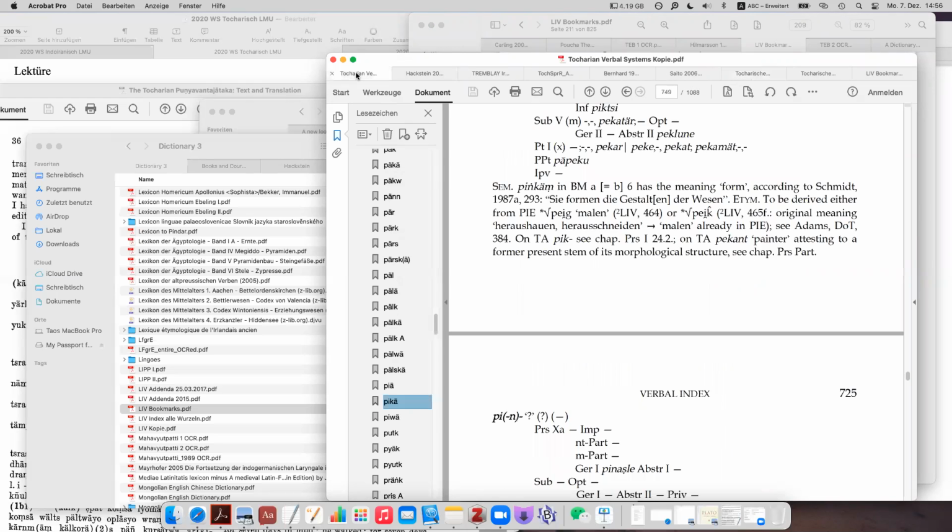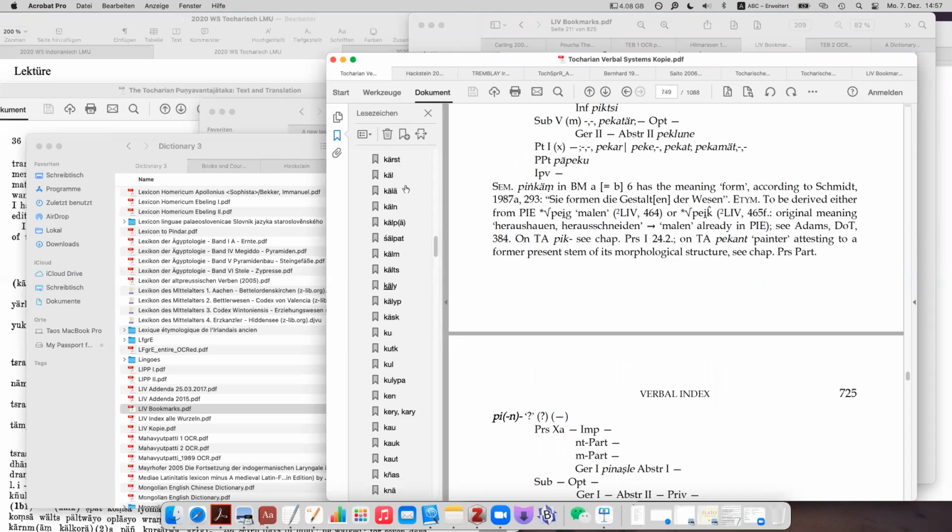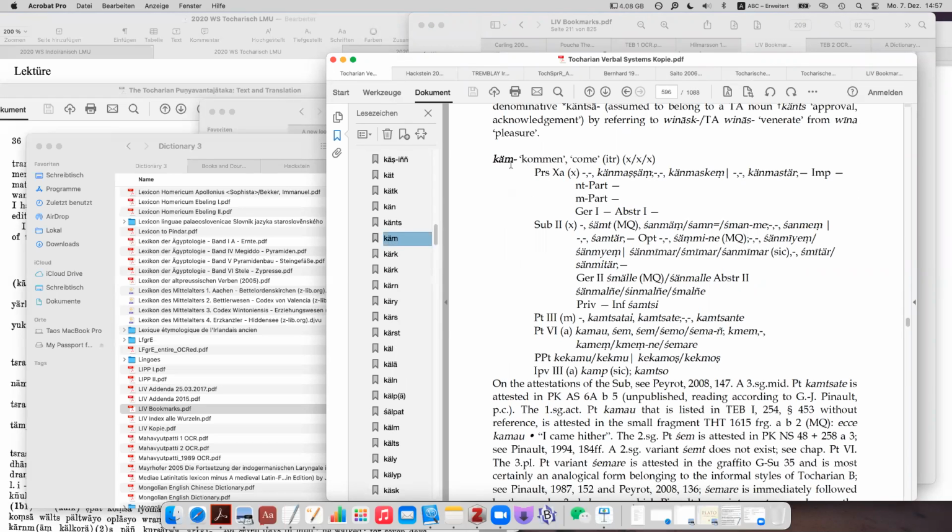We can check the Tocharische verbs in the lexicon. So it actually means come, but in Tocharische the formation is changed a little bit. So it's actually not the simple sk present. It's actually nusk present.